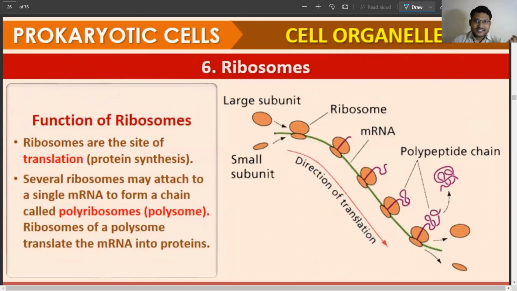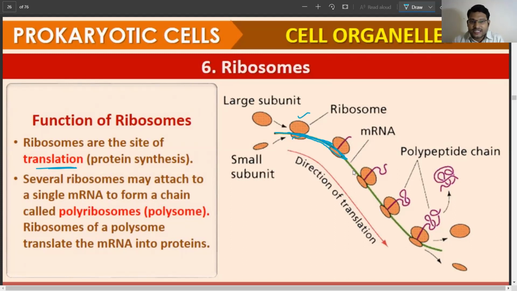Now, when we talk about functionality, these ribosomes are involved in protein synthesis, which you know from class 9. Translation is the process of protein synthesis. In prokaryotes, a number of these ribosomes are attached to the mRNA. What you see here is the mRNA structure, and this is the larger subunit and this is the smaller subunit.